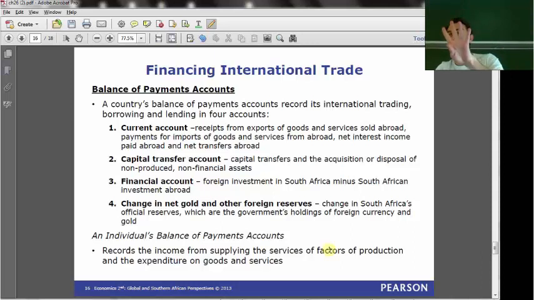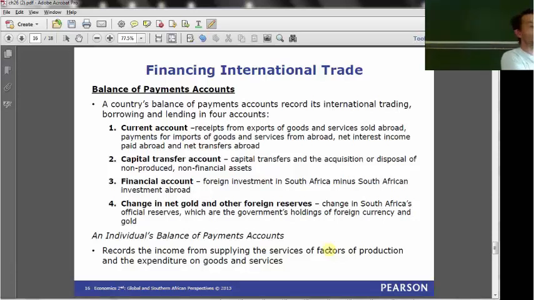There's a lot of things going on there. Balance of payments, throw all of that out the window. We only record some of that for some reason. The first thing we have here is a current account versus a financial account.